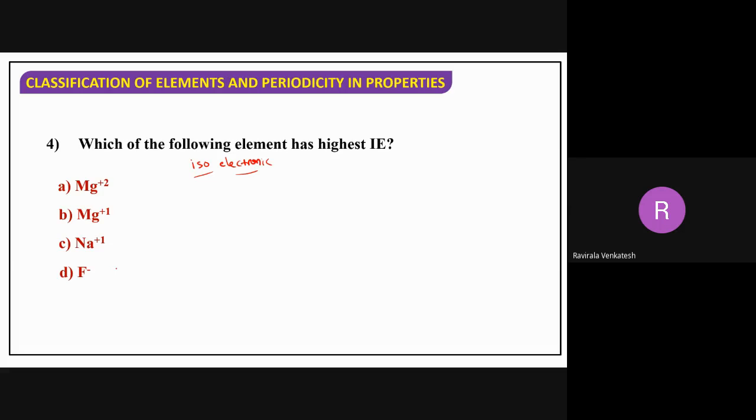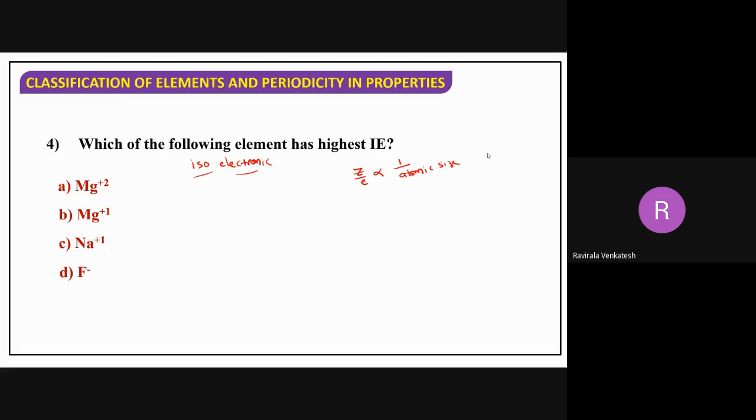For isoelectronic species, atomic size is inversely proportional to Z by e. The higher the Z by e, the lower the atomic size.